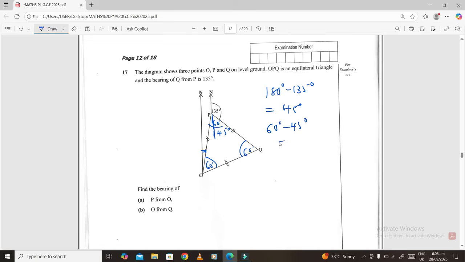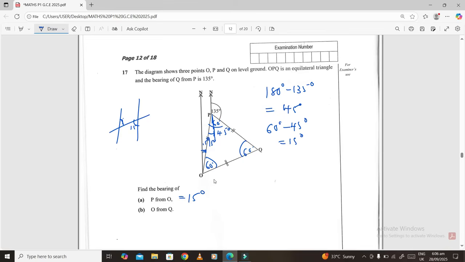So this is 15 degrees. We're going to use the property which says that the angle which is here is equal to the angle which is right here. So if this is 15 degrees, this is also 15. So you can say our answer is 15 degrees.